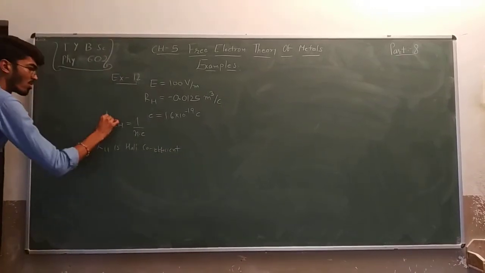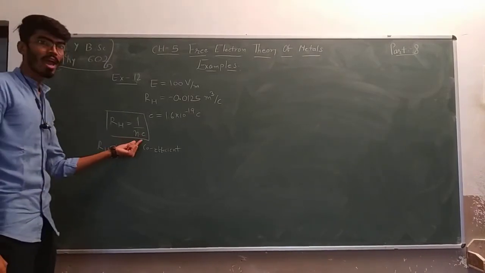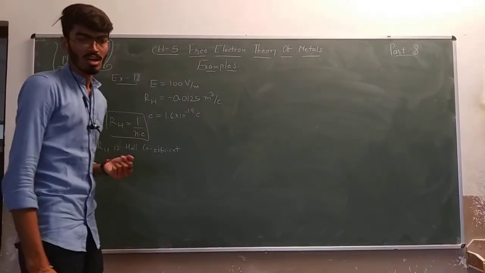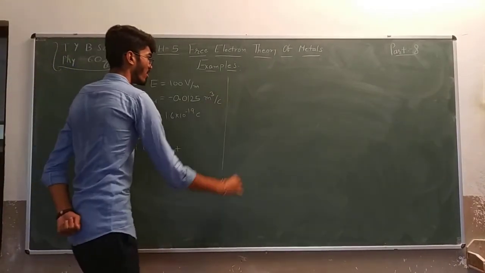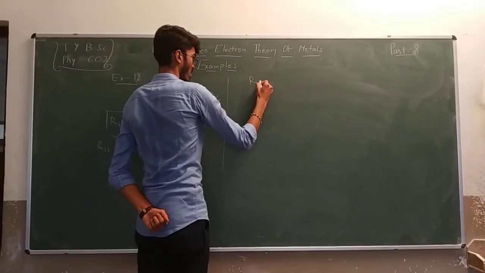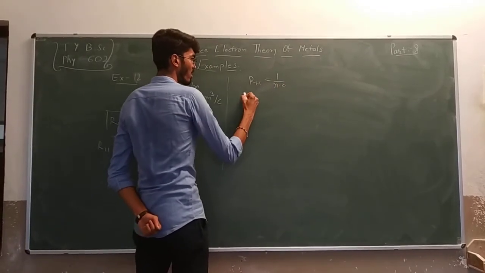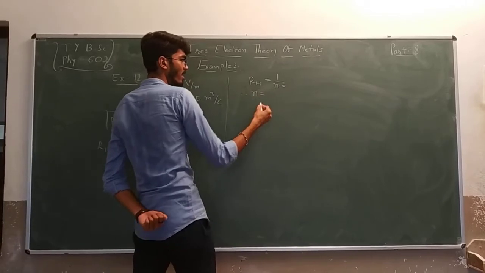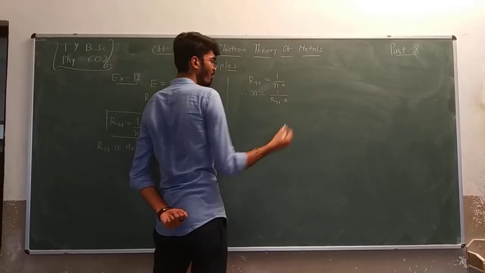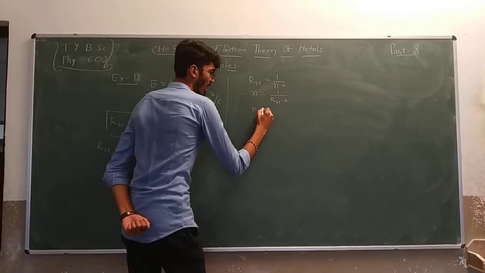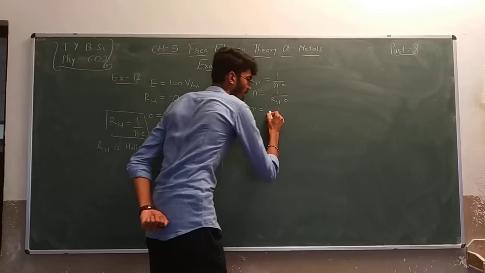So now we use this equation and find n, the carrier concentration in the sample. R_H is equal to 1 upon n into e, so n is equal to 1 upon R_H into e.